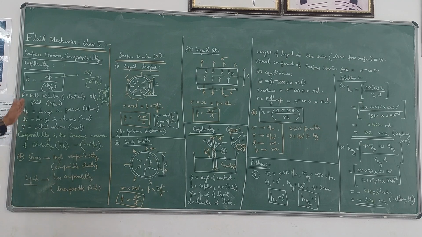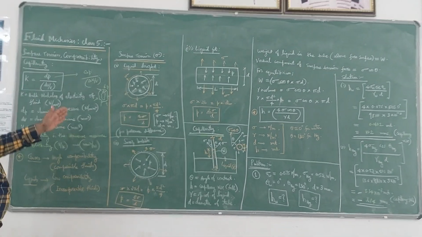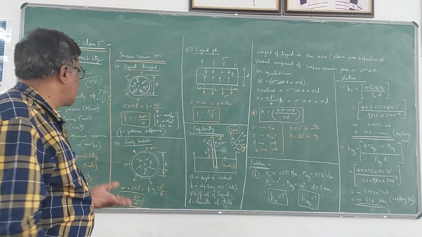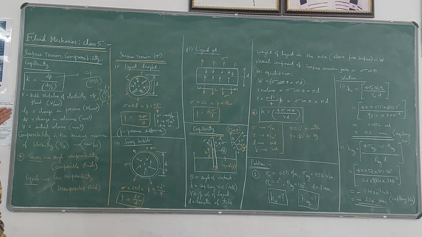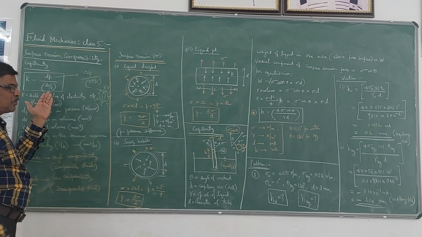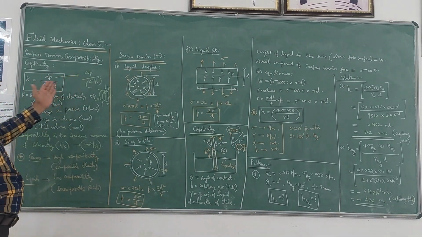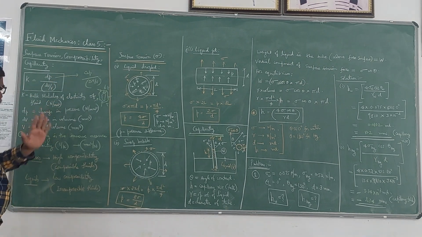The units, as you know, will be Newton per mm square, Newton per meter square, or pascals. The volumetric strain, of course, does not have any units. So if the change in pressure is in Newton per mm square, K also will be in Newton per mm square.